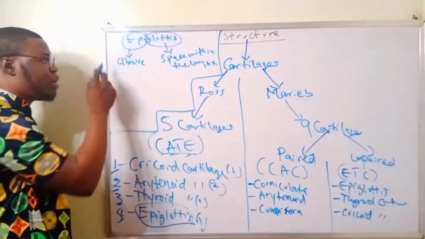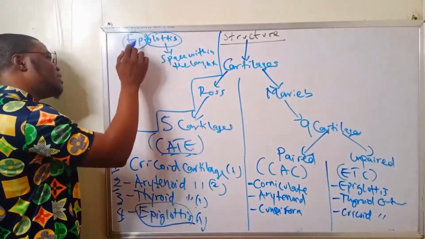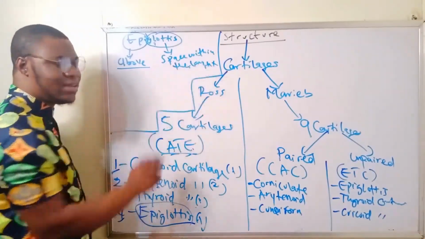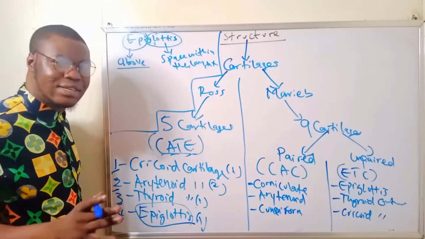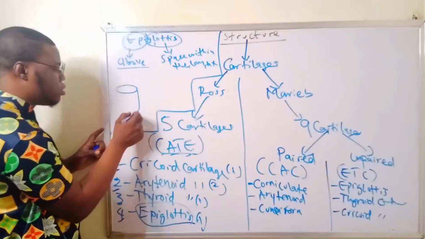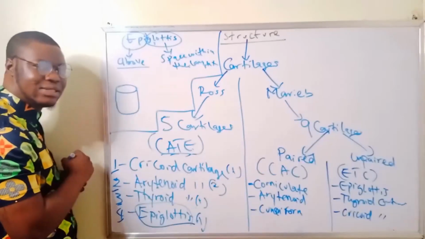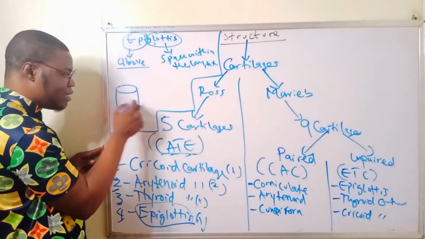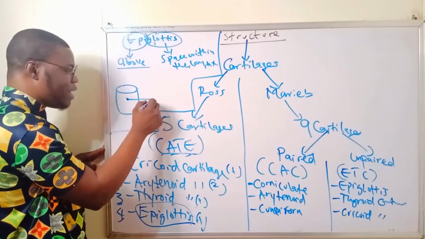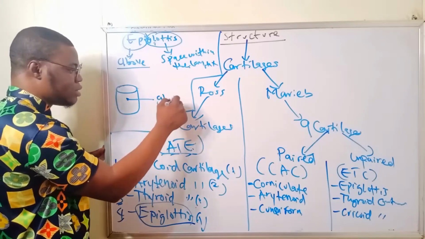So if you say epiglottis, it means this epiglottis is a cartilage that is above the space within the larynx. Now, to understand this better, let's assume that the larynx is a barrel, an empty barrel to be precise. So if this is the larynx, the empty space within that barrel is called the glottis.